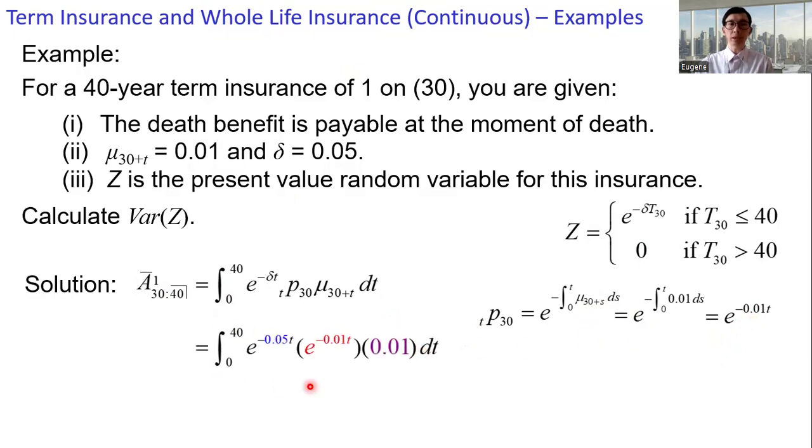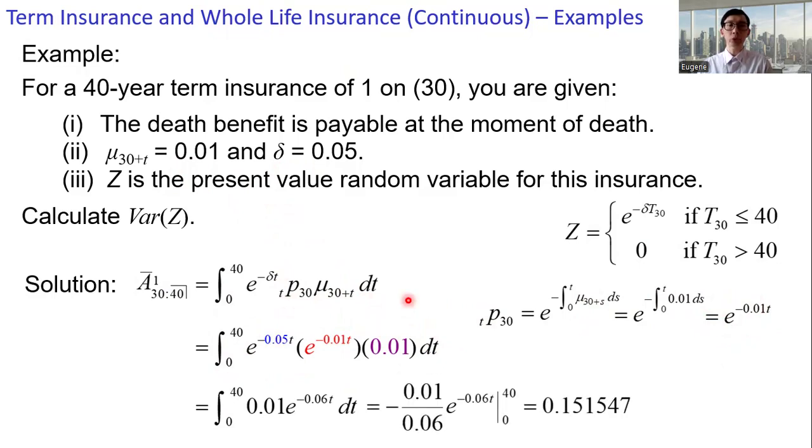And we get this expression after substitution. Delta equals 0.05, t p 30, we get this expression, and then mu is 0.01. Upon calculation, we get this A bar, the expected value.